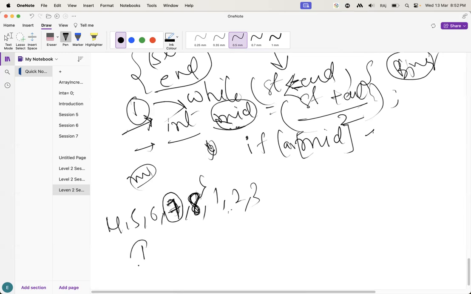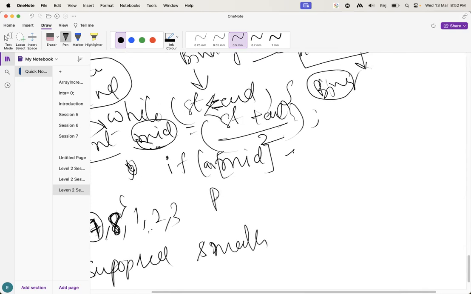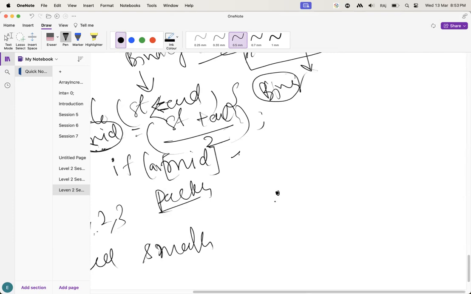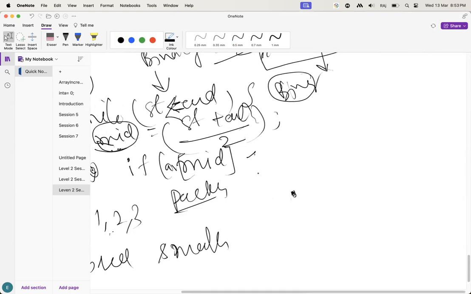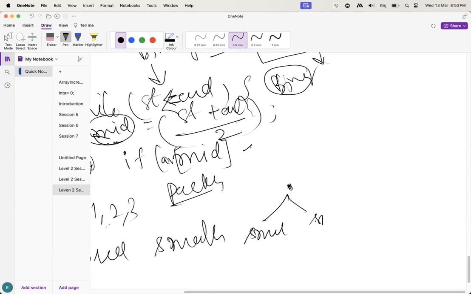The next element is supposed to be smaller, right? A smaller element for a peak value. Guys, when we find the element, if you want to consider it a peak element, what is supposed to happen? The previous is also small, the next is also small. Right, guys?